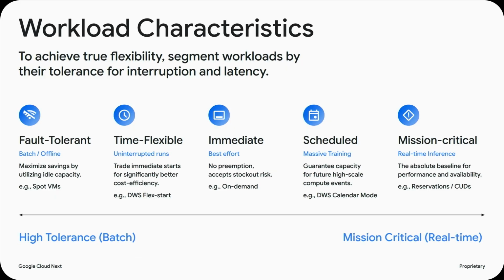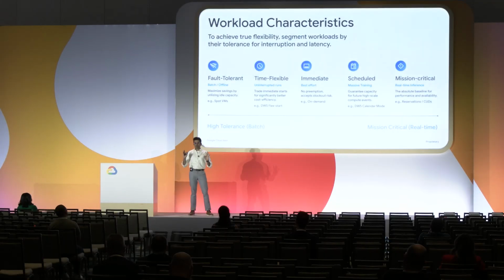If you take one thing away from my section today, it is this. Stop treating every chip, every accelerator in your cluster like it's mission critical. It's not. Over-provisioning 24/7 reservations for background batch jobs is an easy way to burn through your budgets for compute.